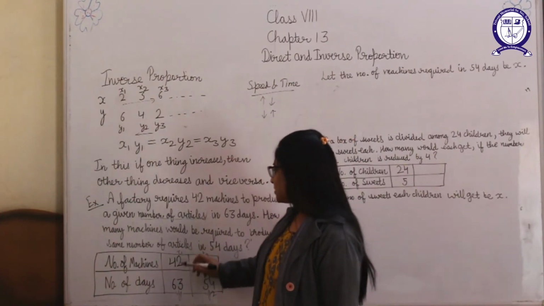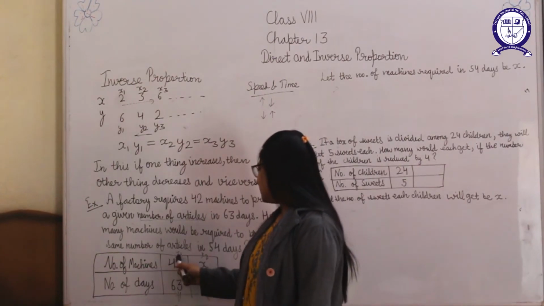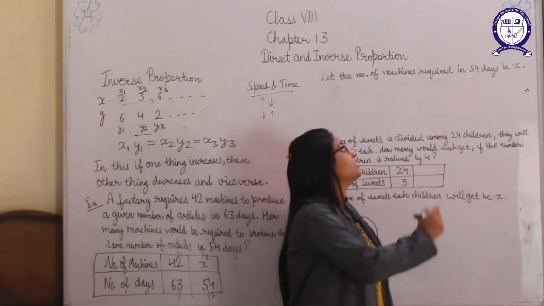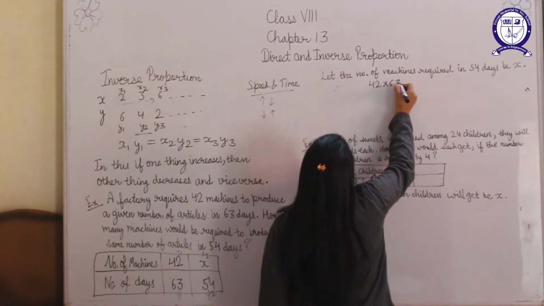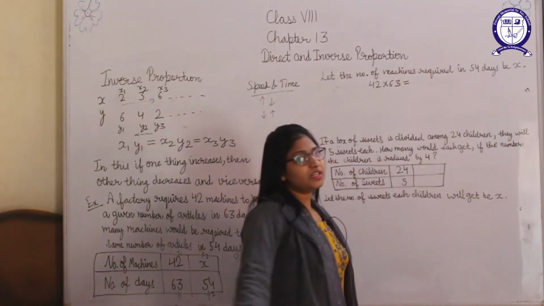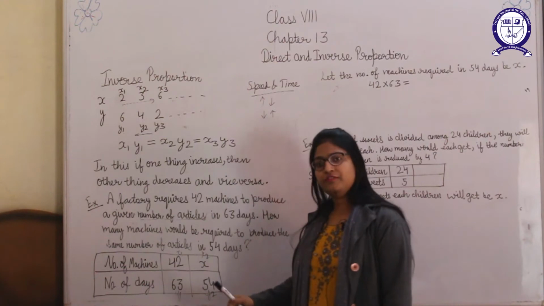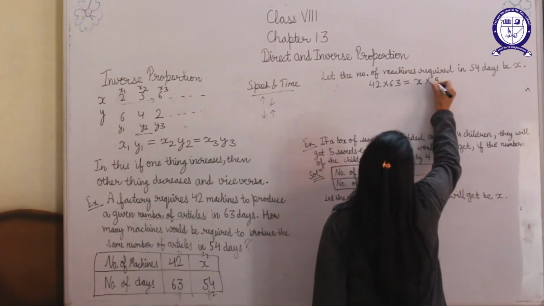So x1 multiplied by y1 will be equal to x2 multiplied by y2. Here this is x1, this is y1, meaning 42 multiplied by 63 will be equal to what? x2 multiplied by y2, meaning x multiplied by 54.